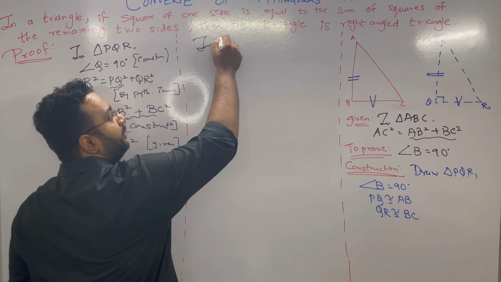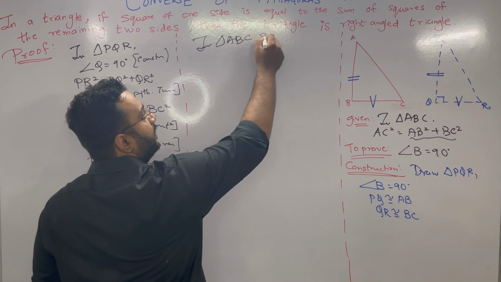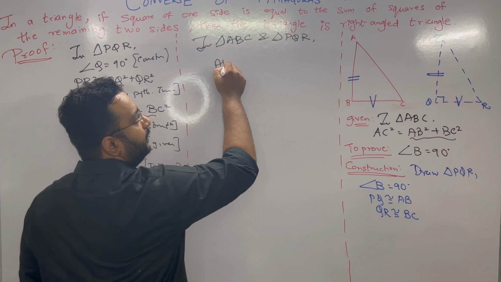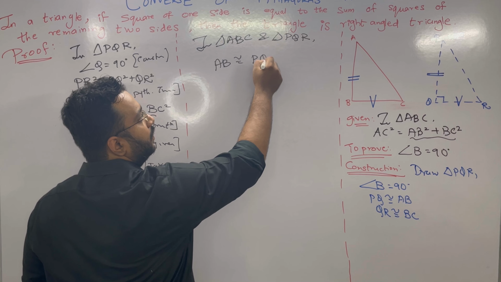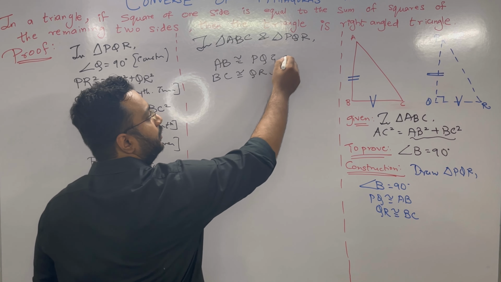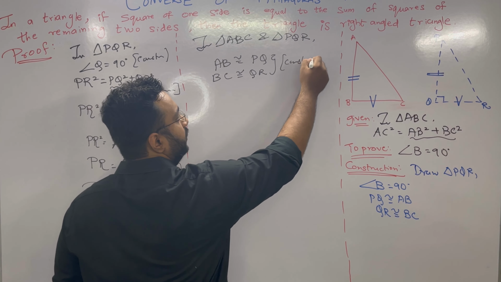First we'll write the names of the triangles, triangle ABC and triangle PQR. In this we all know that AB is congruent to PQ, BC is congruent to QR. Reason for these two will be construction, since we have drawn that.